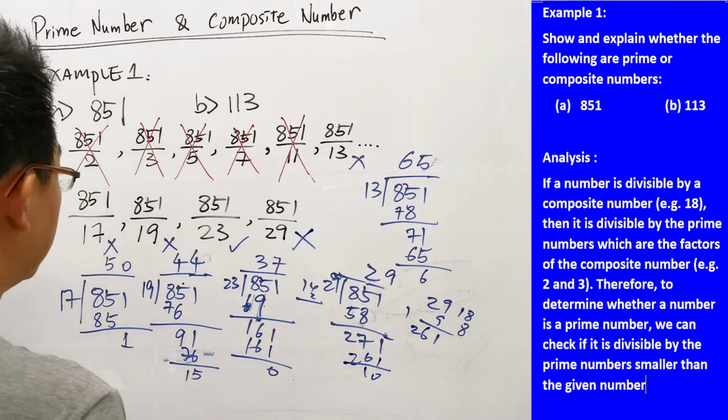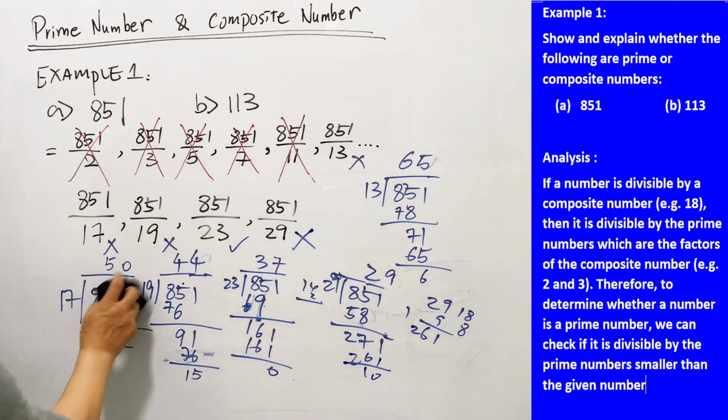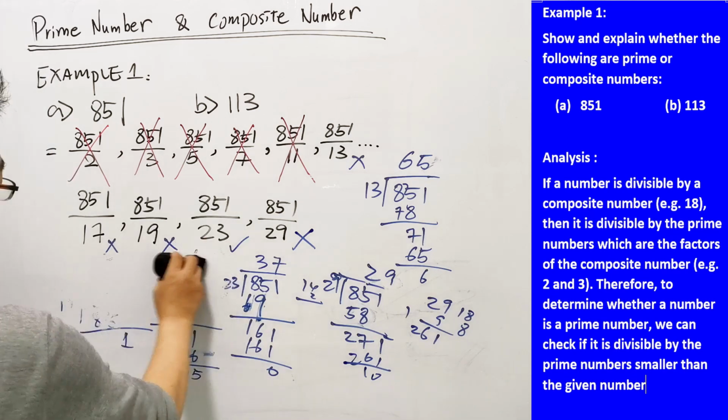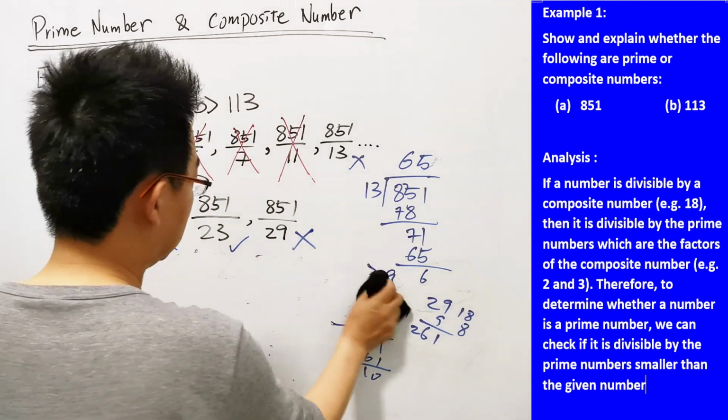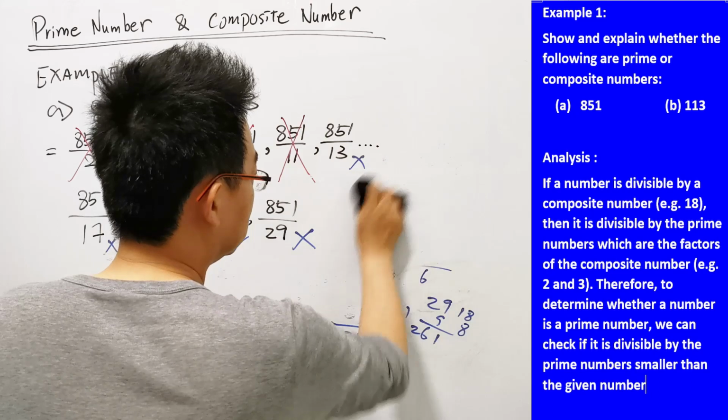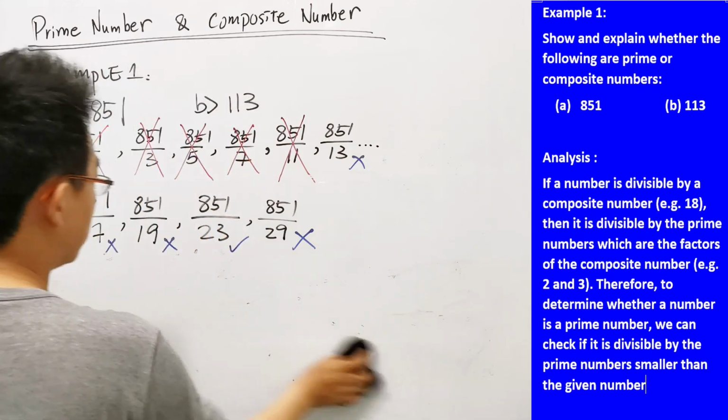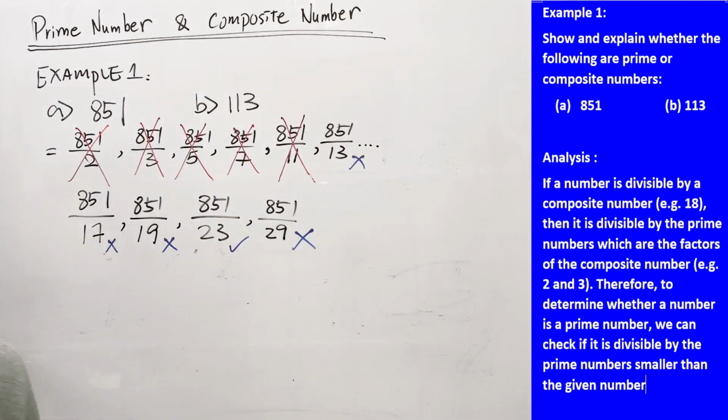So in this case, after trying so much, eventually we get this number. This is the okay number.